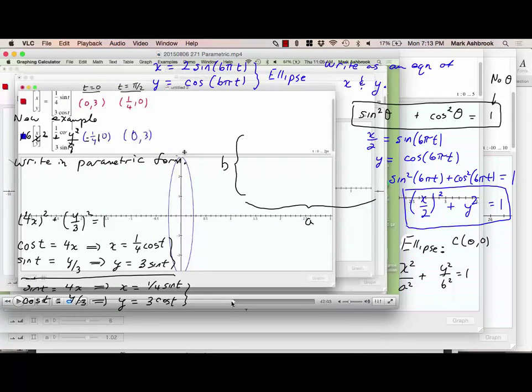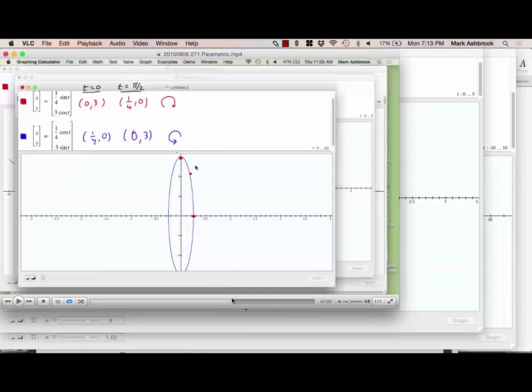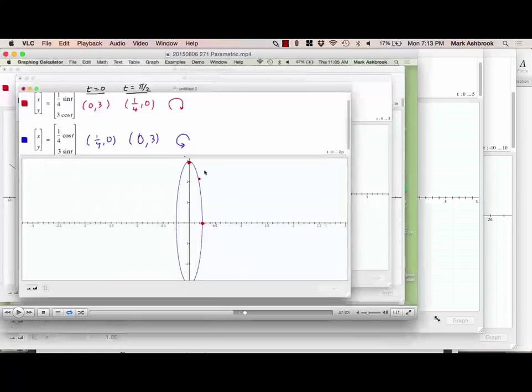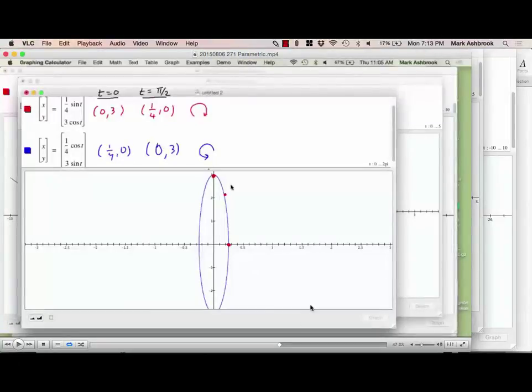Did I title it? All right, we don't have time, but I want to try to build it. But here's what it is. I put in the first one, x is 1/4 sine t, y is 3 cosine t, and the second one in blue, x is 1/4 cosine t and y is 3 sine t. They both give that same set of points. But when t equals 0, for that first one, you get the point 0, 3.